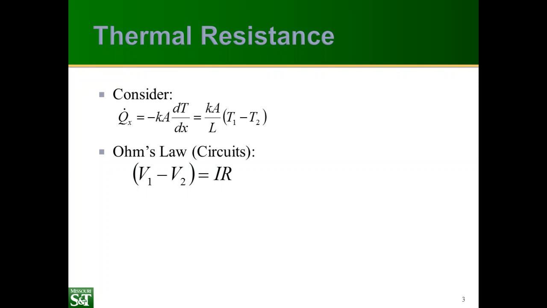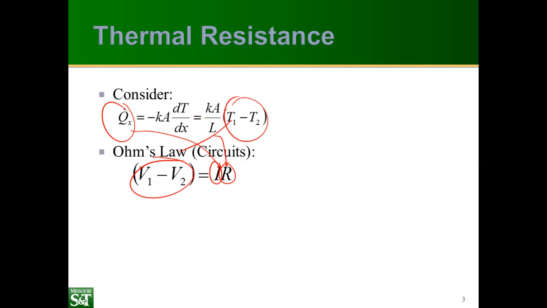For electrical circuits, we have Ohm's law, which states that the voltage difference is equal to current times resistance. So if we use this analogy that temperature is analogous to voltage and heat rate is analogous to current, then we can see that this term right here can be considered as analogous to 1 over the resistance.